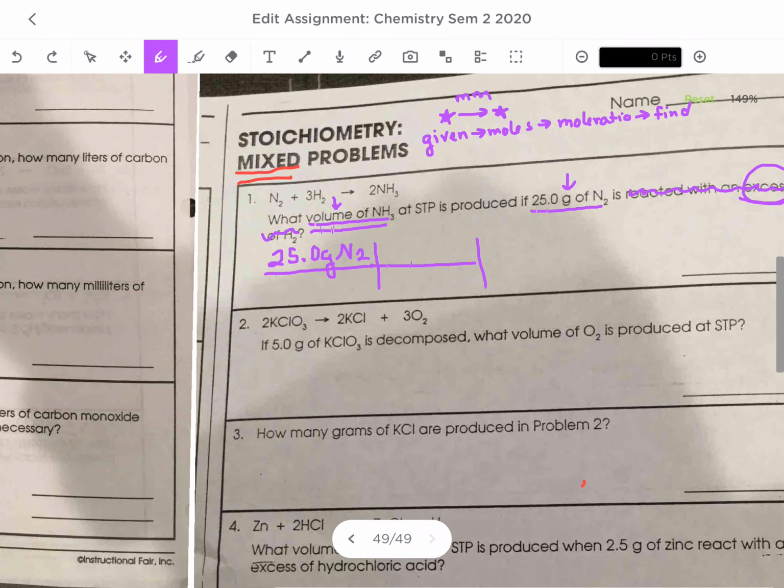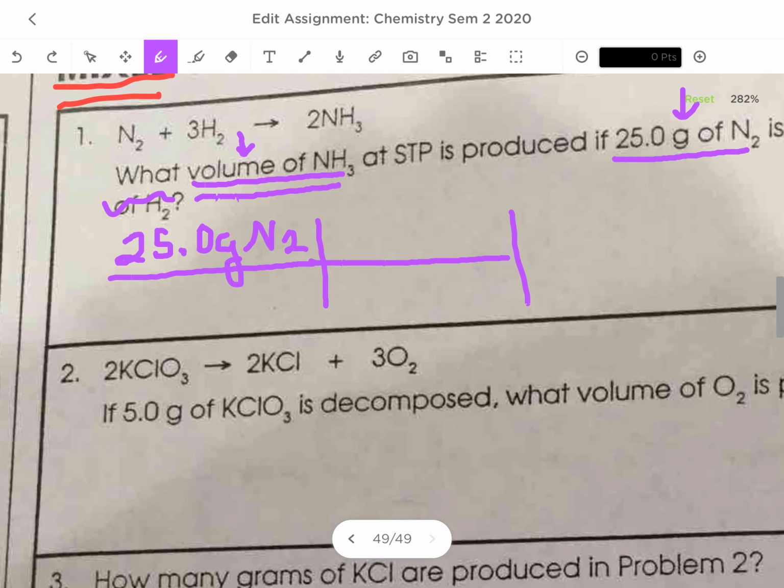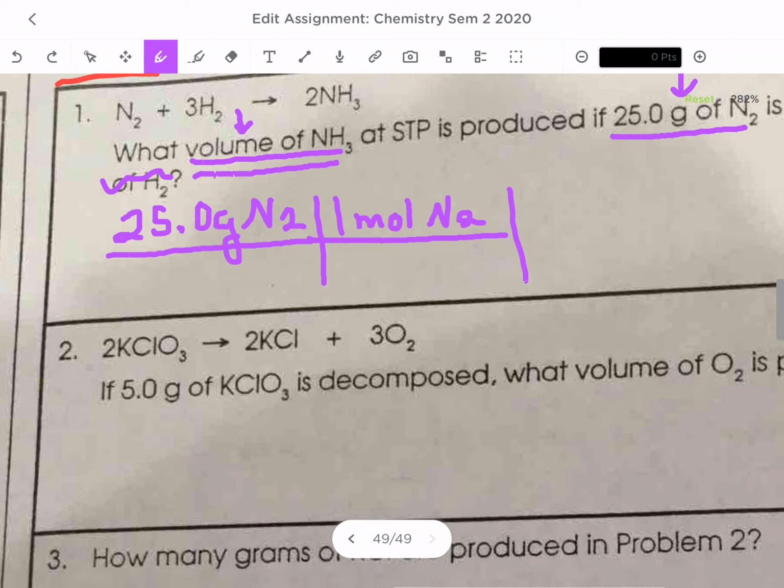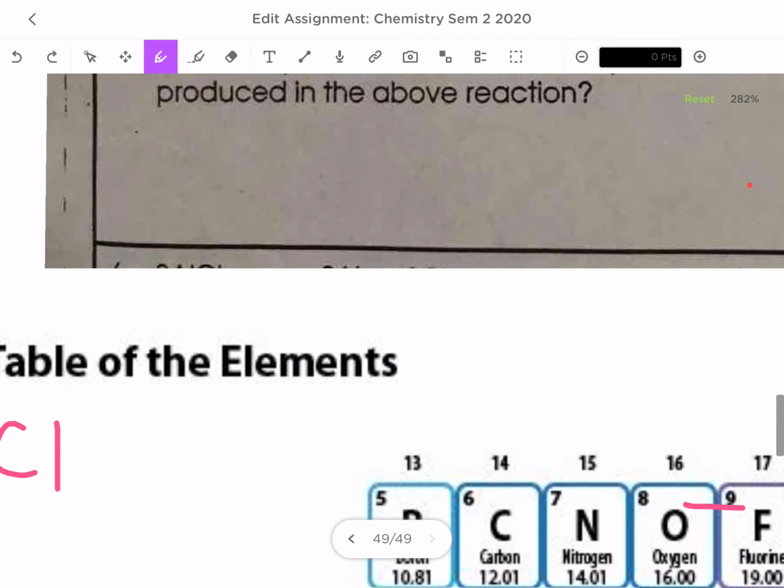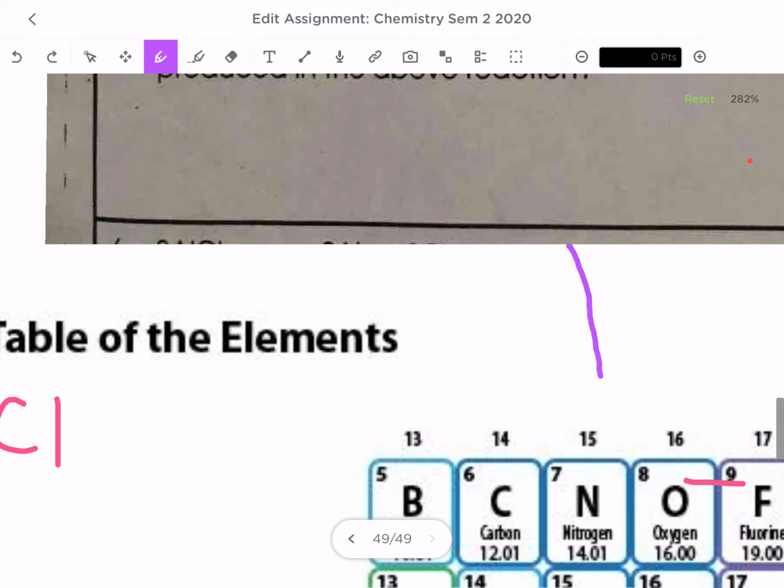So I can say 1 mole of N2 for every, the molar mass of N2. Let's look down here at our handy periodic table. Oh, look, there's nitrogen right there. So 14.